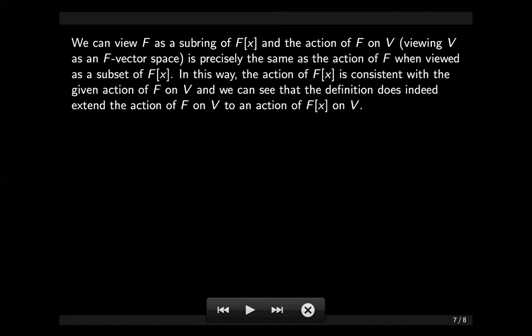So in this way, the action of F[x] is consistent with the given action of F on V, and we see that this definition does indeed extend the action of F on V to an action of F[x] on V. Essentially all that we're saying is that looking at V with its F vector space structure is, with this definition, the same as looking at V as an F[x] module, and then looking at the subring F, and the action of the subring F under the F[x] module structure acting on V is the same thing as F acting on V, giving us our vector space back.